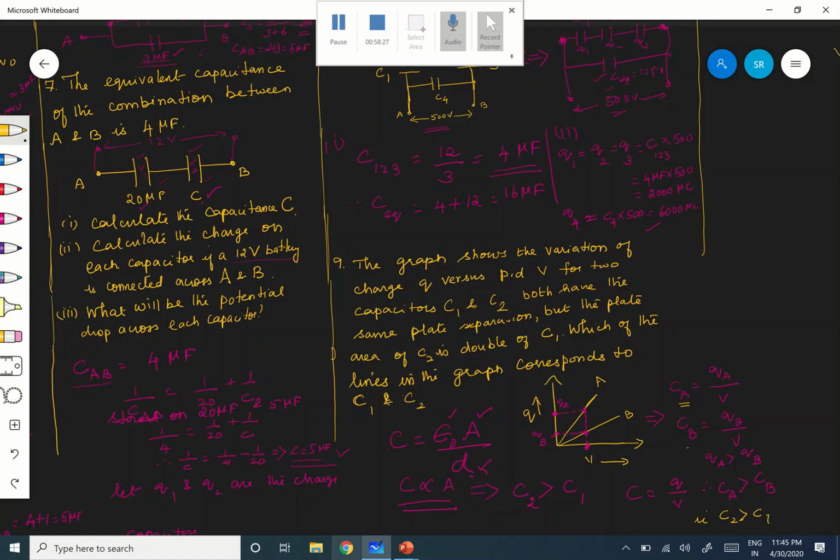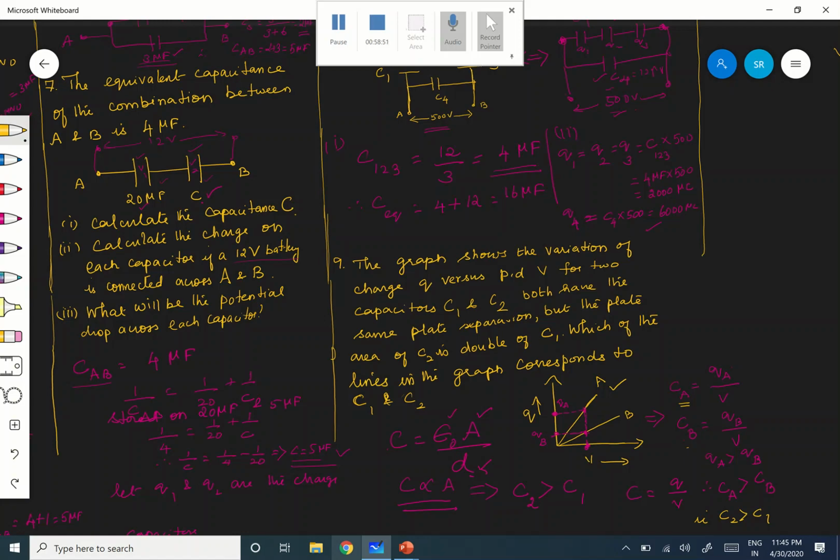Therefore, line A of the graph corresponds to C2. Are you following?